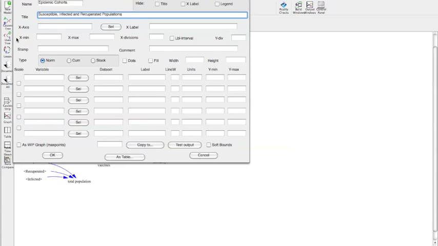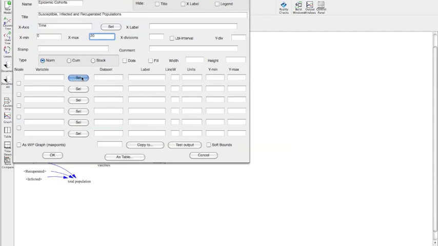Nice little title. In the x-axis we'll put time, and the minimum for the time would be 0. The maximum will be 20, and that's the range.